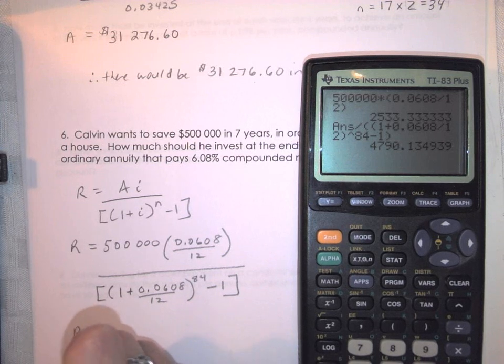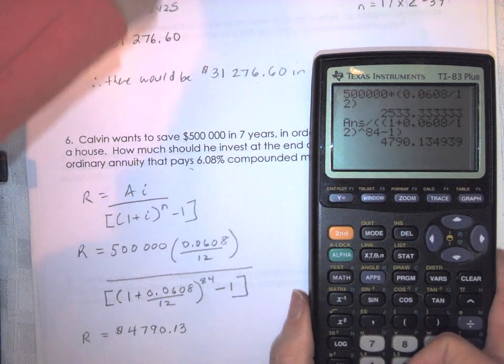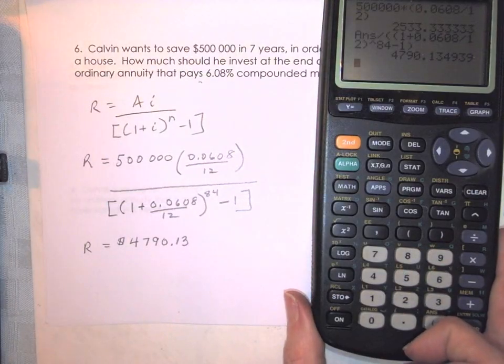So that means he's going to have to deposit $4,790.13 at the end of each month in order to have saved $500,000 in 7 years.